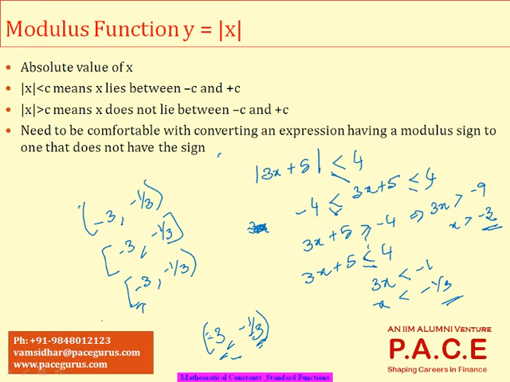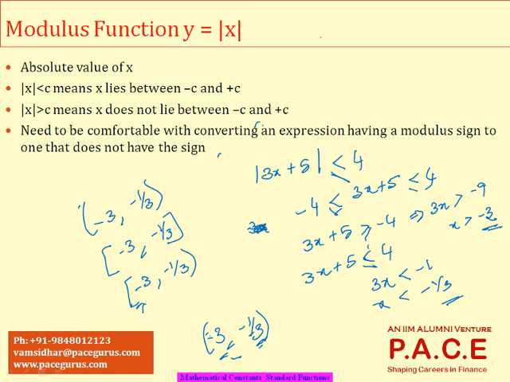So the brackets, plain or square, decide whether you are including a particular value as part of the solution or not. This is the way you solve any modulus problem.